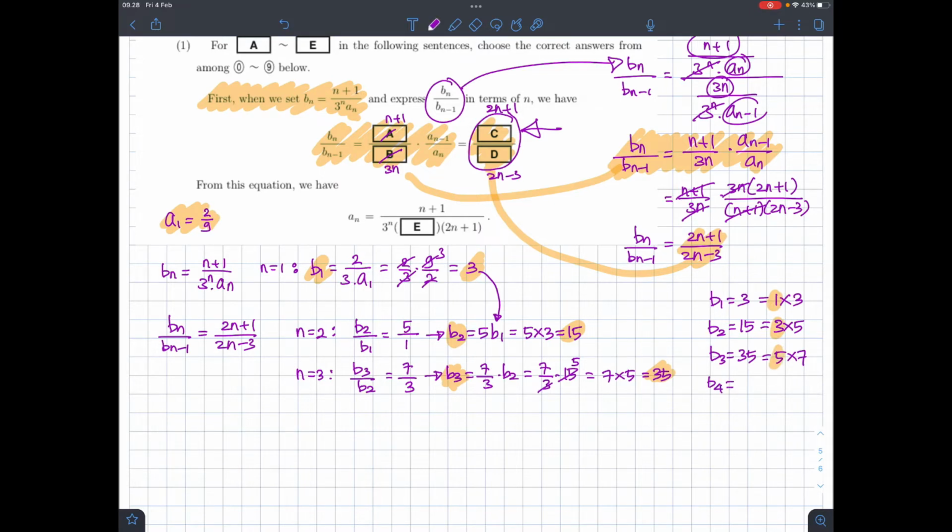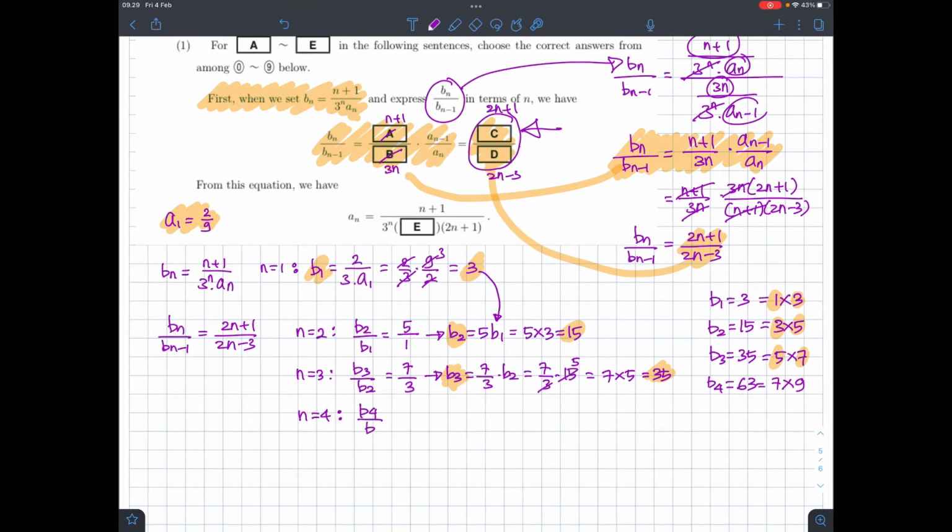This is just my guess: the next will be 7, right? And the second number is also an odd number, the next odd number, so it becomes 9. Let's check, the predicted result is 63. I hope the pattern works, so for 4 you just put it here.